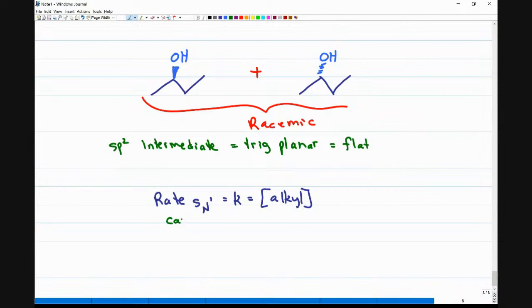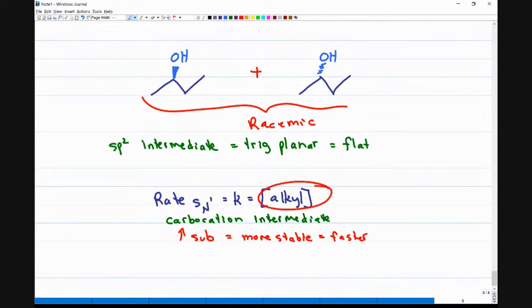The clue is that we have a carbocation intermediate. And because we have a carbocation intermediate, the more substituted the carbocation is, the more stable it's going to be, which means it's also going to be the faster reaction, because if the carbocation formation is the rate determining step, the faster it forms, the faster your reaction.